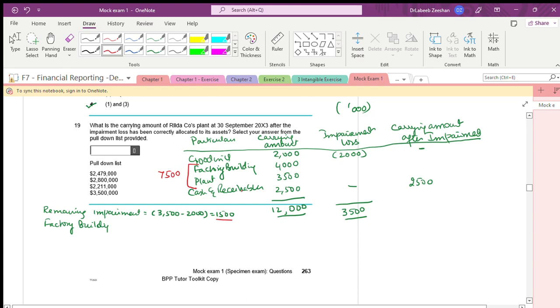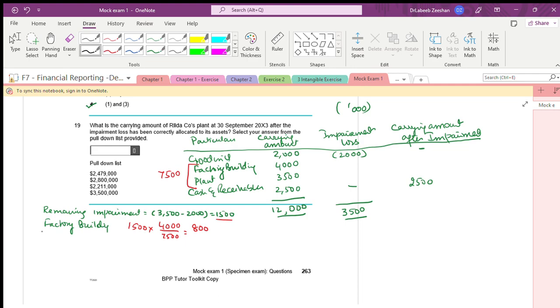The factory building is 4000. So 1500 times 4000 divided by 7500 comes to 800.